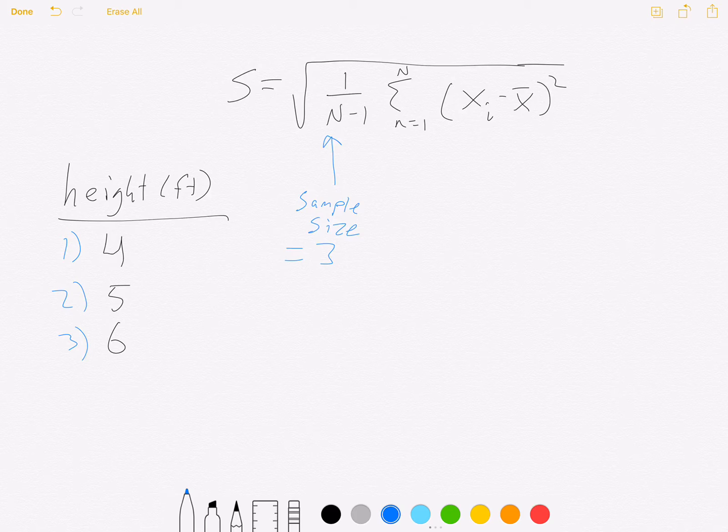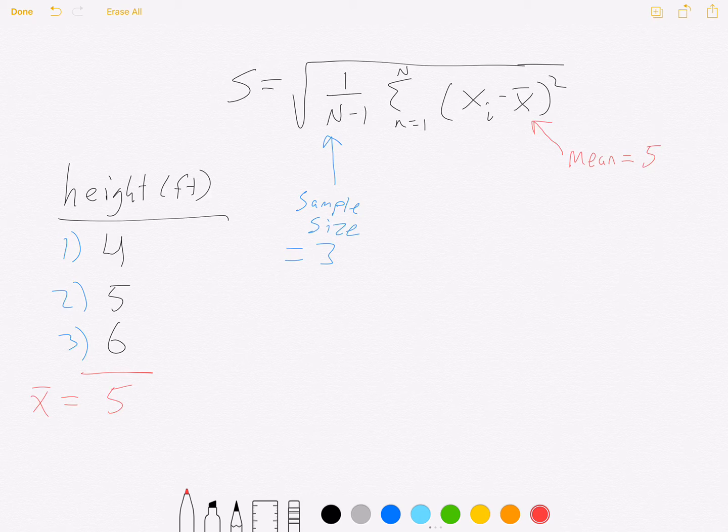Okay? Now, let's kind of find the average. And in this particular case, we can just kind of see that the average is going to be 5. If you do 4 plus 5 plus 6 and divide by 3, you'll go 15 divided by 3, which is 5. Okay, so our mean equals 5.